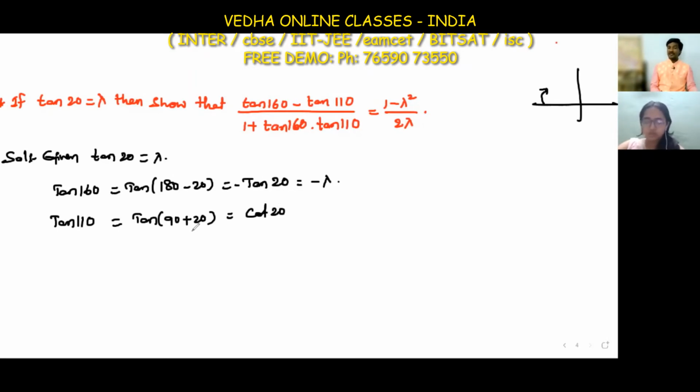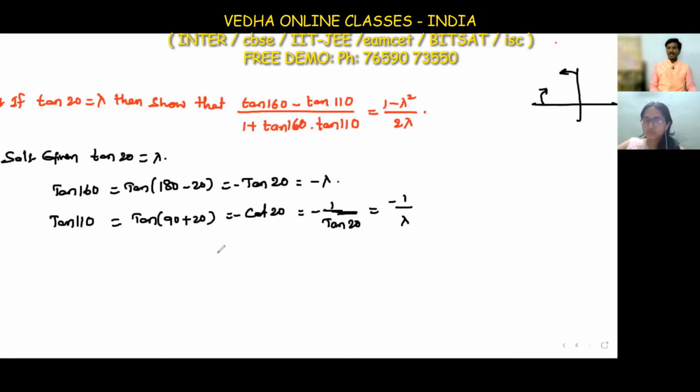And check the quadrant here, tan of 90 plus 20 is in the second quadrant, where tan is negative. So we get minus cot 20. But we have only the tan 20 value, lambda, so cot 20 we can write as 1 by tan 20. Cot is 1 by tan. So that is nothing but minus 1 by lambda.